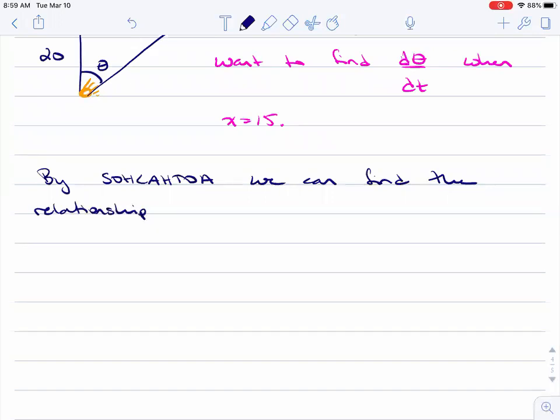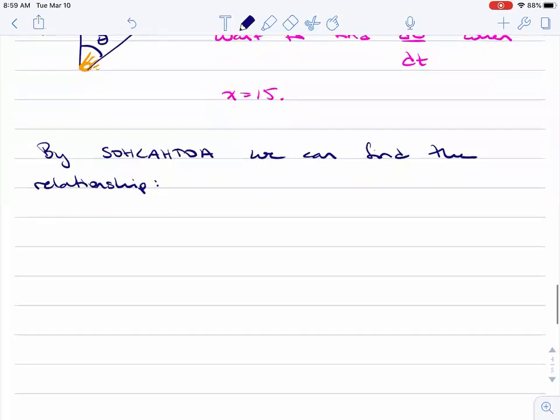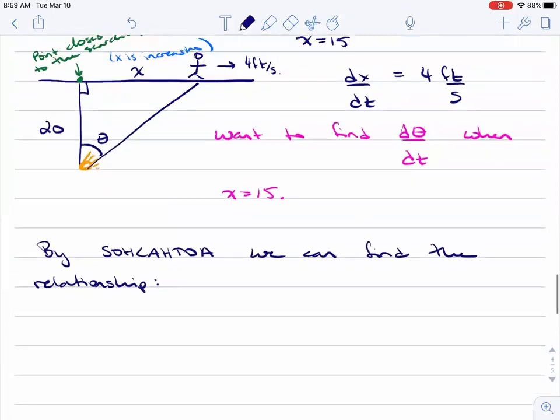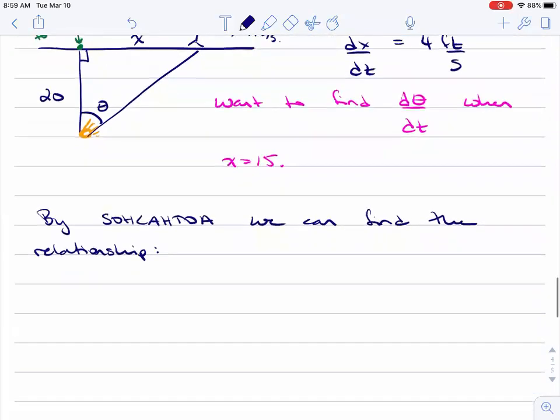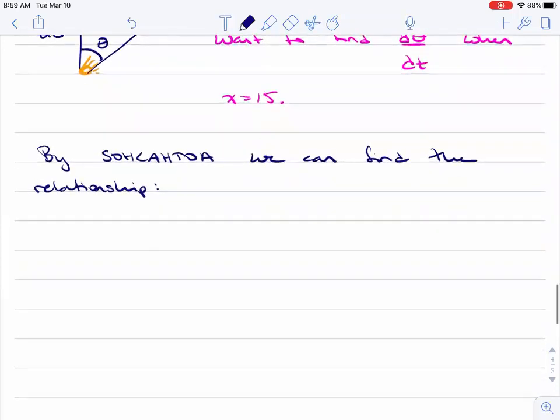It's more to establish where I got these things from, although it might be obvious. SOHCAHTOA says the tan of theta is going to be the opposite x over the adjacent 20. And so we've got tan theta is x over 20.